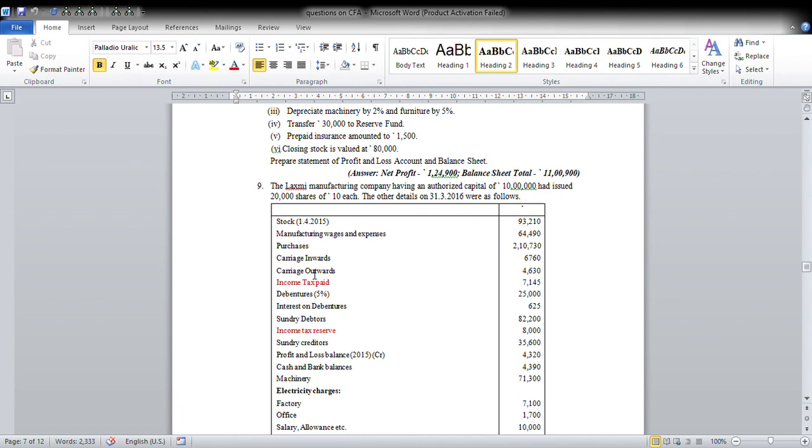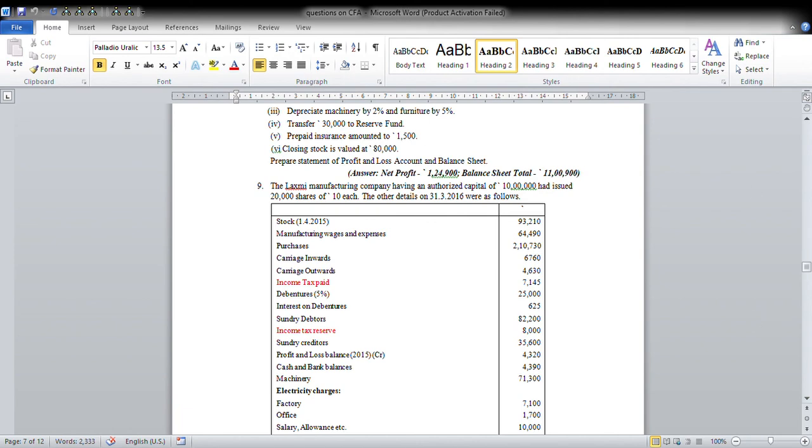I repeat once again, under the short term provisions, show the proposed dividend of 71,000 in the inner column minus interim dividend of 25,000, then take the balance of the amount, that is 46,000, in the outer column.